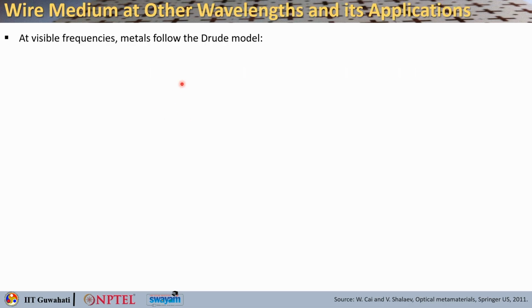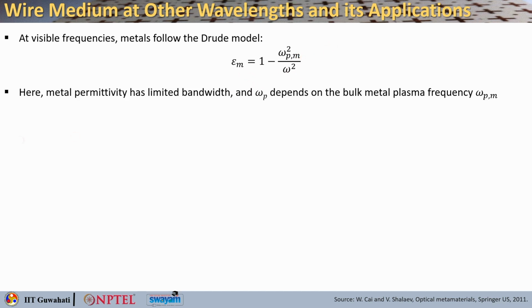Now, at the visible frequencies, the metals basically follow the Drude model. So, it follows this simple relation epsilon m equals 1 minus omega p m squared by omega squared. So, this m specifically tells you that you are now talking about metal. Okay. So, here you can see that the metal permittivity has a limited bandwidth, and omega p depends on the bulk plasma frequency, right.